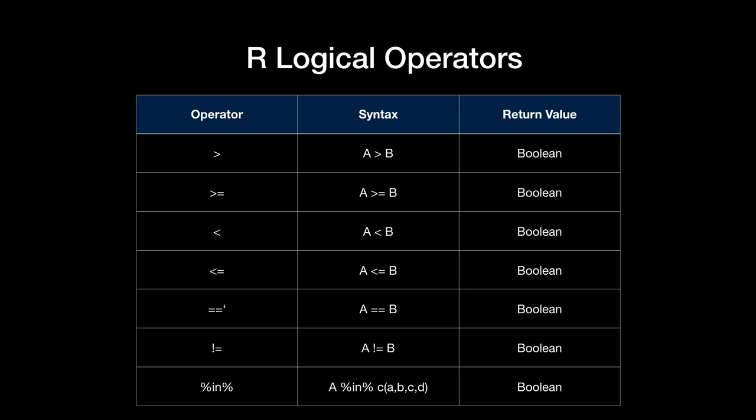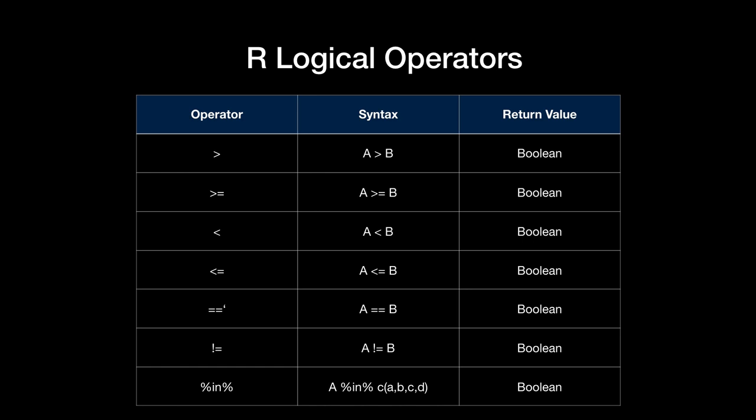Just as we see here in the third cell, the less than or equal to, instead of having a line below it, you don't have that in computer language, so it is written as less than or equal to. And for all of these values, the return value you're going to get is going to be a Boolean value. So you're either going to get a true or a false.